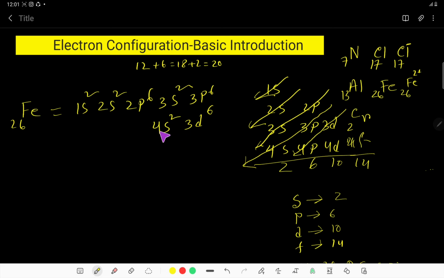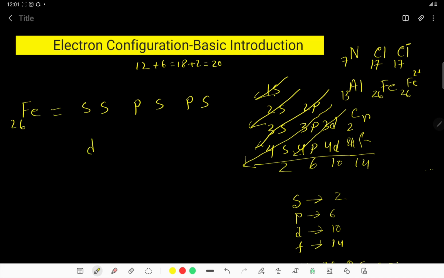So let me show you the second method to write the electron configuration of iron. Okay, so write the sequence ss, ps, ps just twice, then dps twice, then fdps. You can take fdps any number of times. Continue.